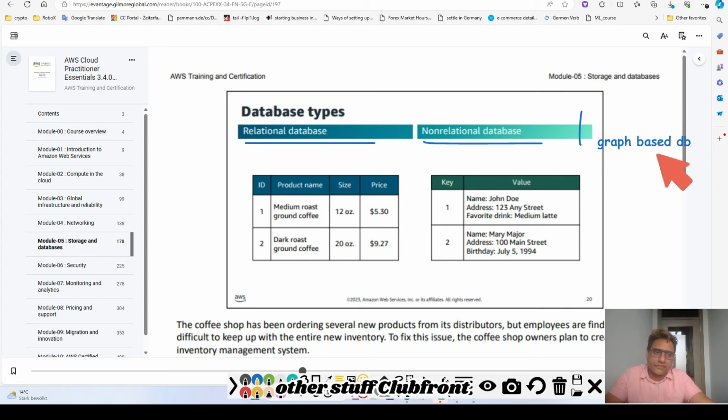This is the graph-based DB as well, right? This is another database service, but we might discuss it in the future. It's most important for highly connected, relation-based stuff, for example a Facebook ID, number of followers and likes, and some recommendations based on them.